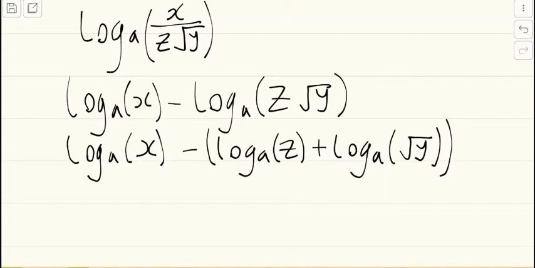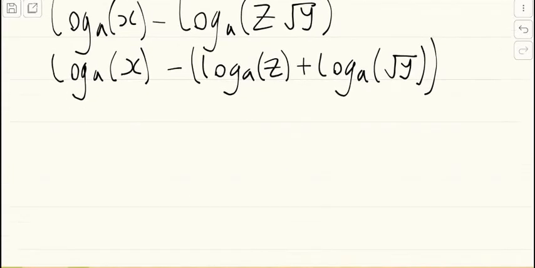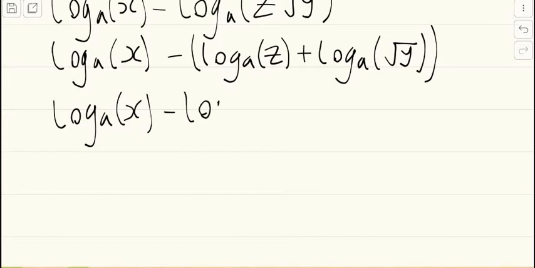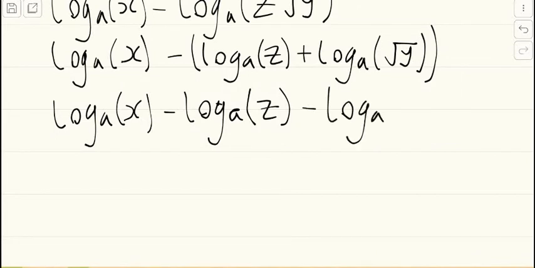Otherwise, people tend to forget. And then I can say this is log to the base a of x minus log to the base a of z minus log to the base a of root y.